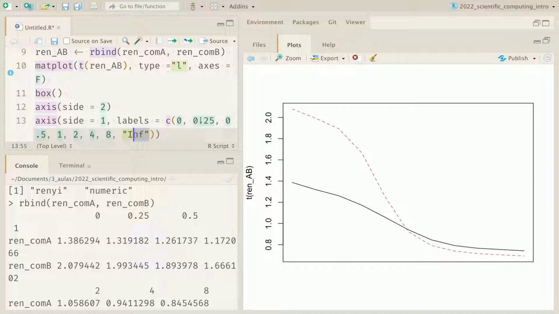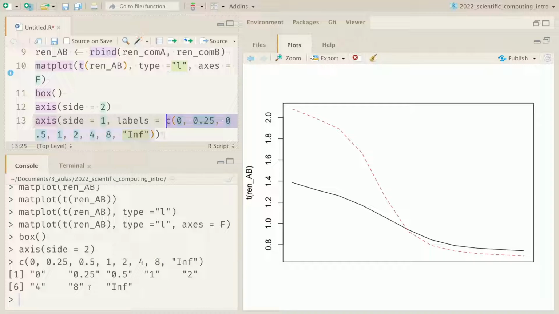If I put infinite here in text, what will happen is that the whole vector is going to be a text vector. Look at it. I cannot mix types in R. But that's okay. I could have put here the quotes, but since I know that R will transform it into character, I just put the quotes in the last one. But I know it's not going to be a character, a numeric vector.